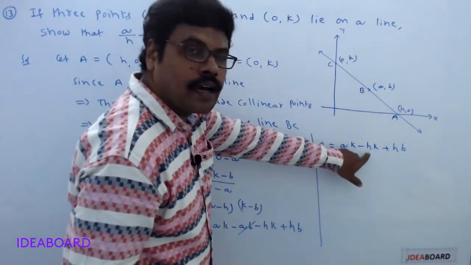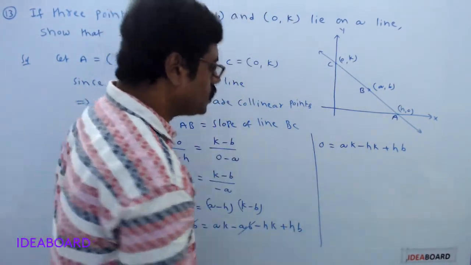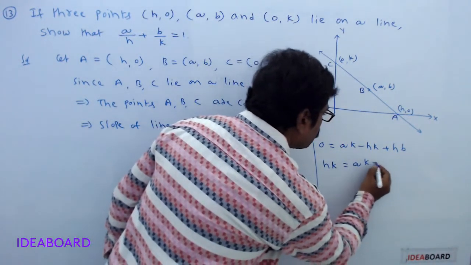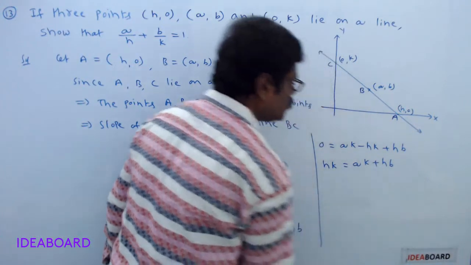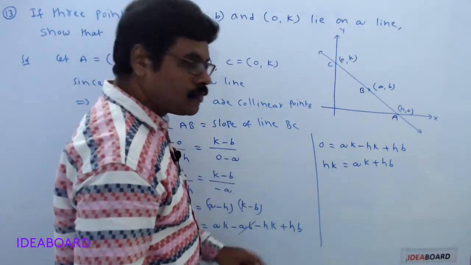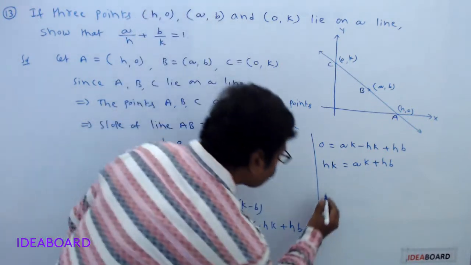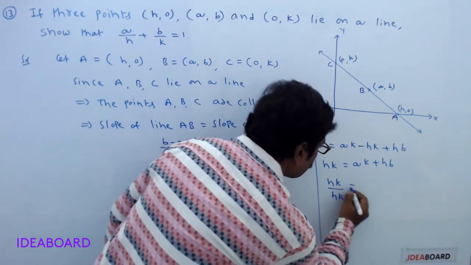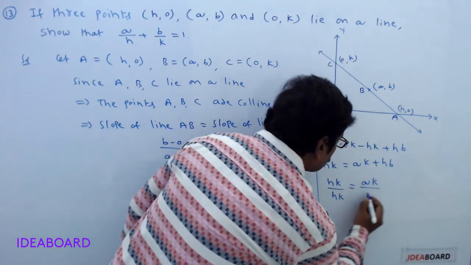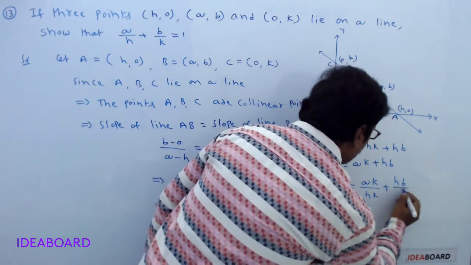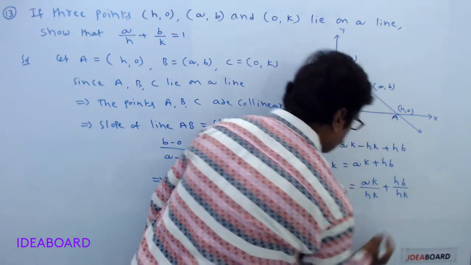Bring this hk term from RHS to LHS. This is hk equals ak plus hb. Divide this equation on both sides by hk. So this is hk divided by hk equals ak divided by hk plus hb divided by hk.